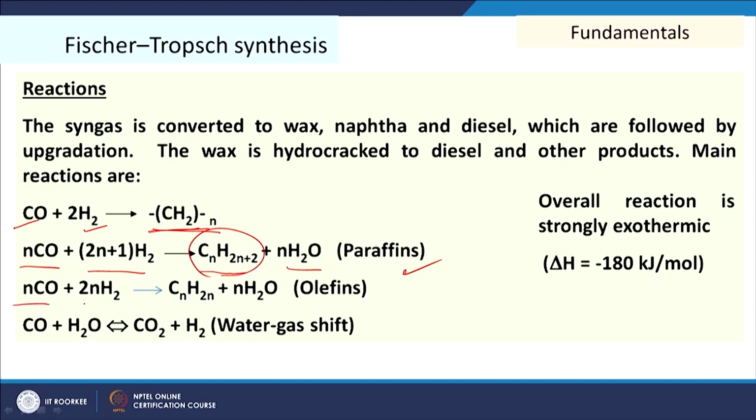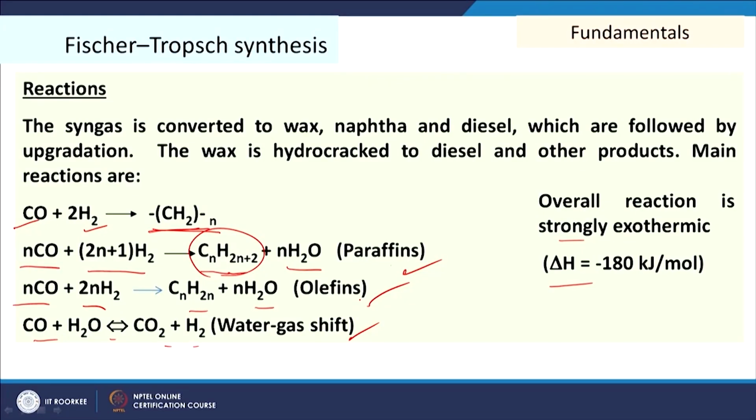Again another reaction can take place, nCO plus 2nH2 gives CnH2n plus nH2O, and we may get olefin type of compounds. And again CO plus H2O gives CO2 plus H2, the water gas shift reaction, can also take place. The overall reaction is strongly exothermic, about minus 180 kilojoule per mole. So, we are getting basically hydrocarbons, basically all paraffins and olefins.